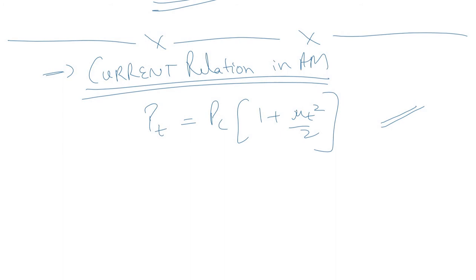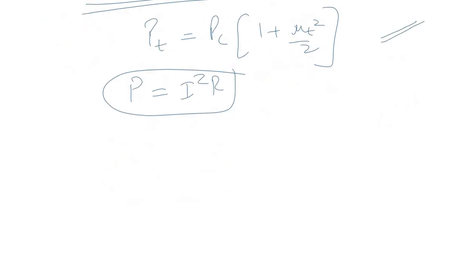So this is the power relationship that we have already seen and derived, right? If we want to find a similar relationship in terms of current, we can do that. Power is nothing but I square R. This is the relationship between power and current. Making use of this, we can find the relationship between transmitted power, carrier power and modulation index. So IT square R is equal to IC square R into 1 plus mu T square by 2.